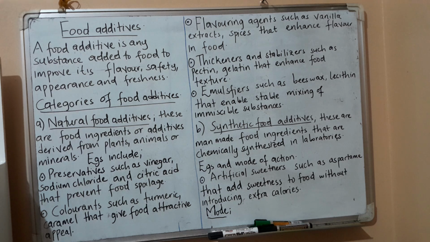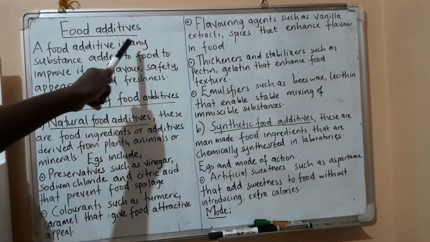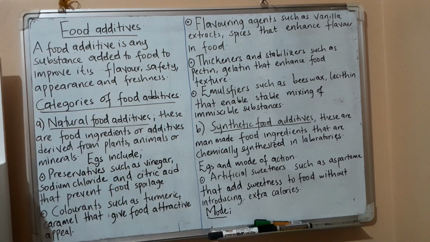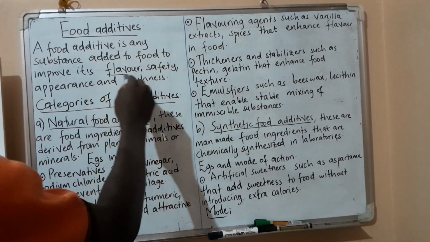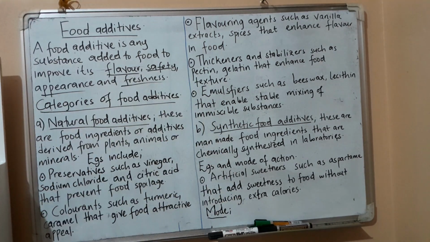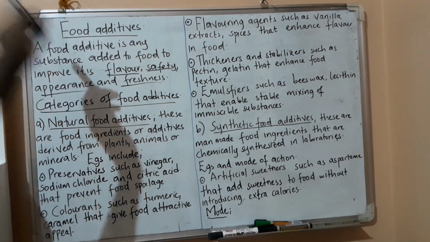A food additive is any substance that is added to food to improve flavor, safety, appearance, and its freshness. Any substance that you add to food to give it an attractive appeal, to prevent it from going bad, to prevent food spoilage, to make sure that it's fresh, we shall call a food additive.